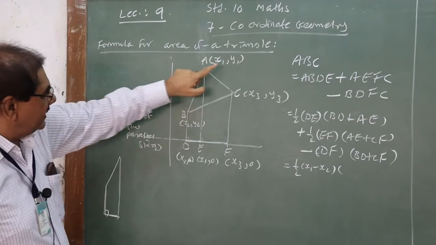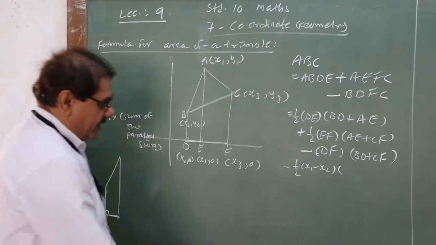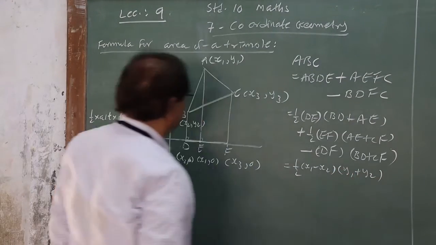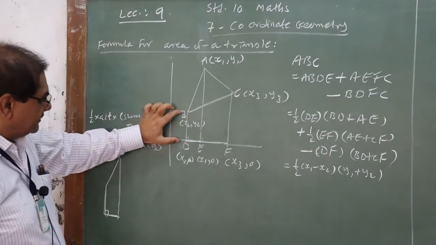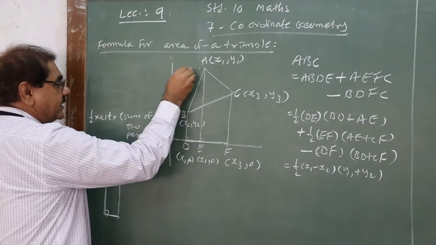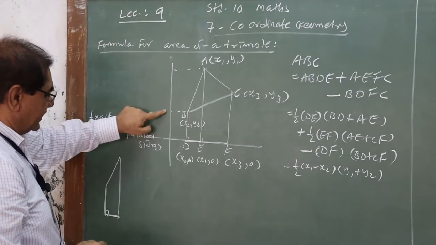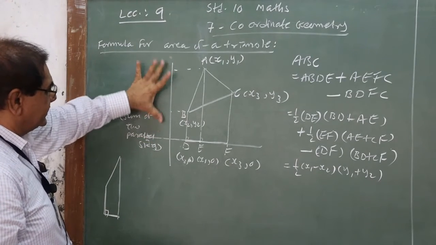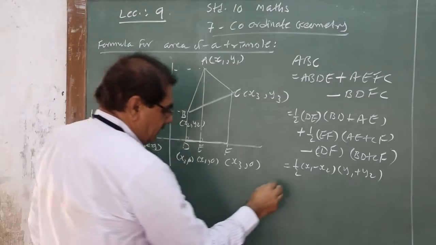So it is ultimately y1 plus y2 I can write. Can you understand this? It is y2, it is y1. You have to come to the y-axis for that. So y2 plus y1. These are the sum of the two altitudes.